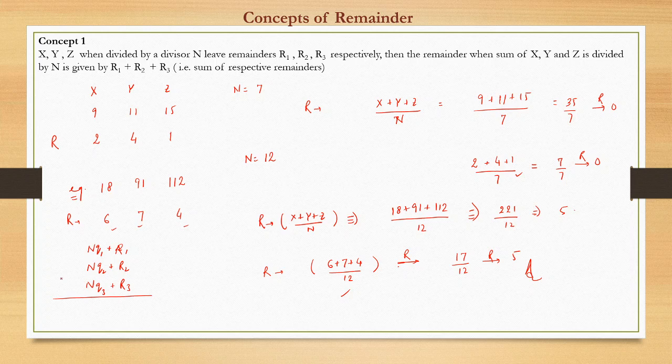The addition of all three is what? n times (q1 plus q2 plus q3) plus r1 plus r2 plus r3. Now when this is divided by n, what happens? The first term gives zero remainder because n gets cancelled with n. But for the second term, the final remainder will be nothing but the addition of the individual remainders divided by n. Right, so this is what we did, and this we can prove also.